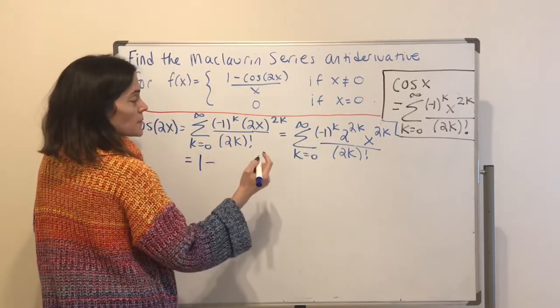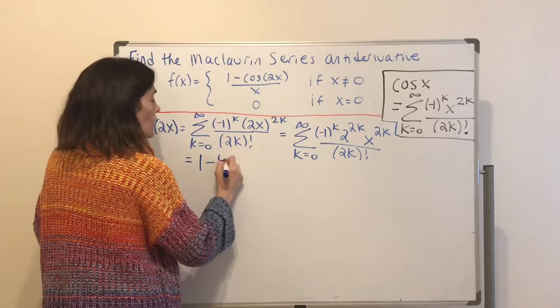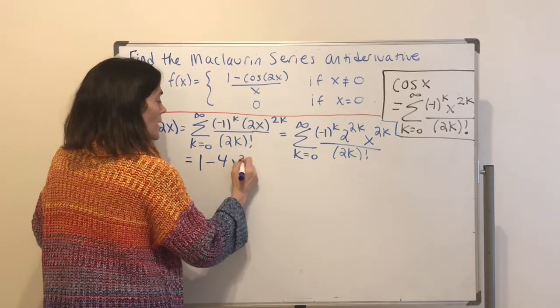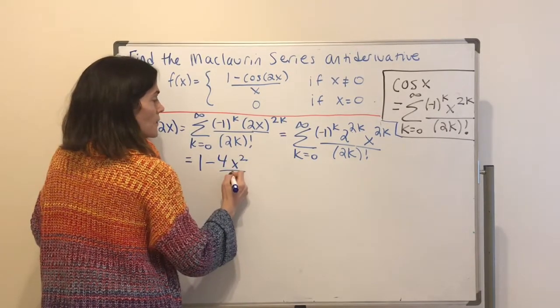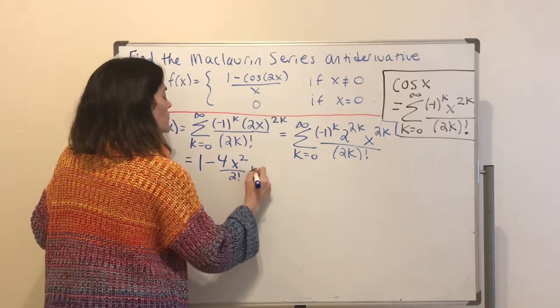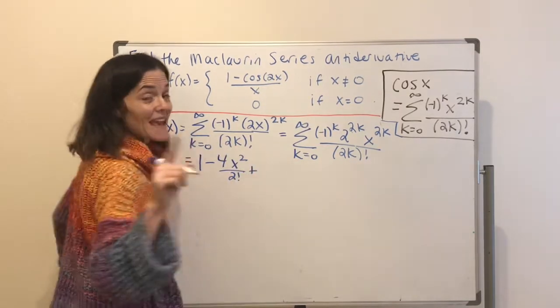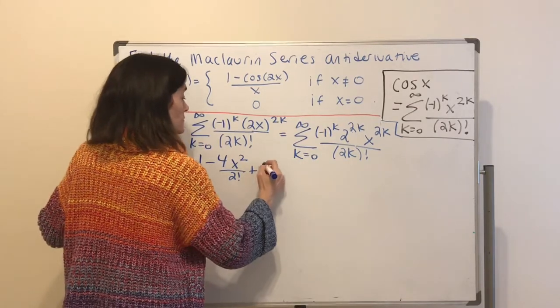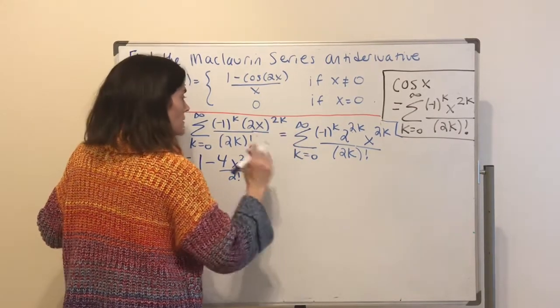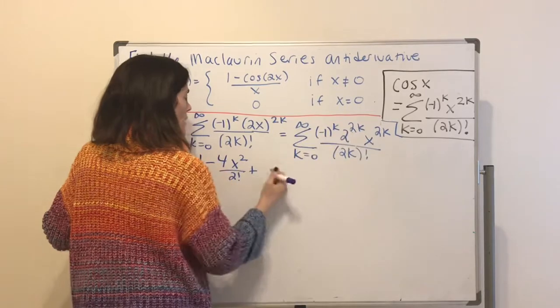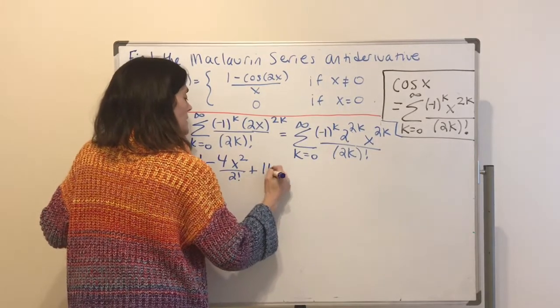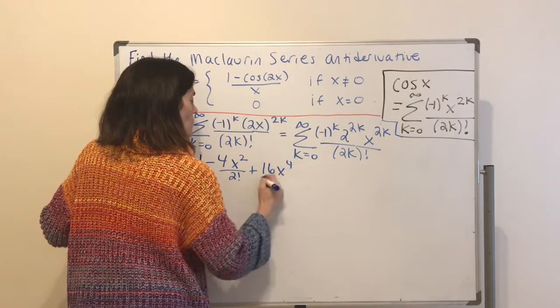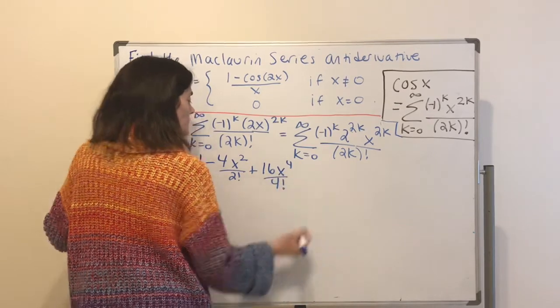This is going to be 4. This is going to be x squared over 2 factorial. We'll have plus. This is when k equals 2. We have 4 squared, we get 16. We have x to the 4th over 4 factorial.